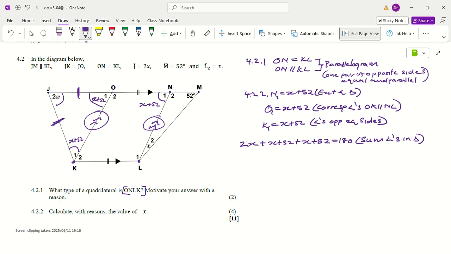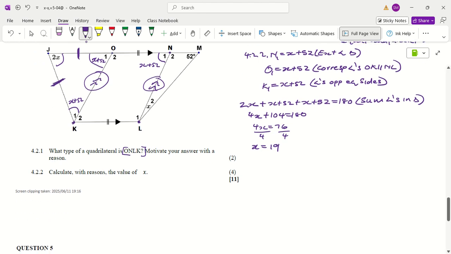I have 2x and another 2x, and 52 and another 52, so meaning that now I'll have 4x plus 104 is equal to 180. Then now 4x is equal to 180 minus 104, which is 76. Then we divide by 4, so x is equal to 76 divided by 4, which is 19. So that is very simple there.